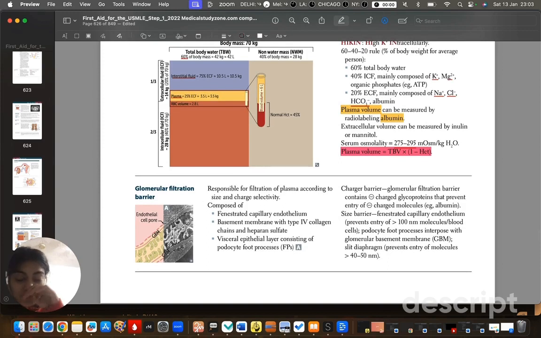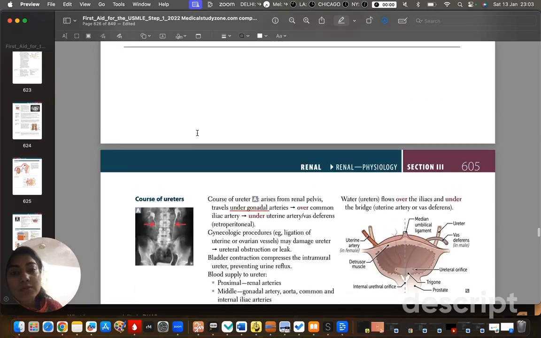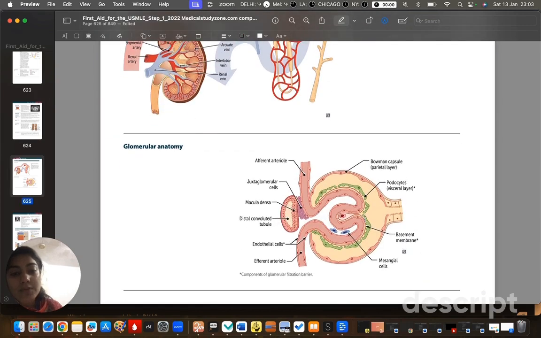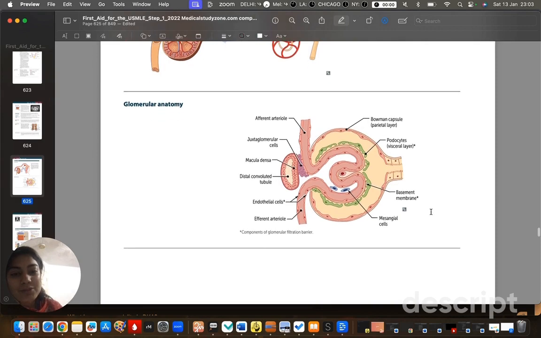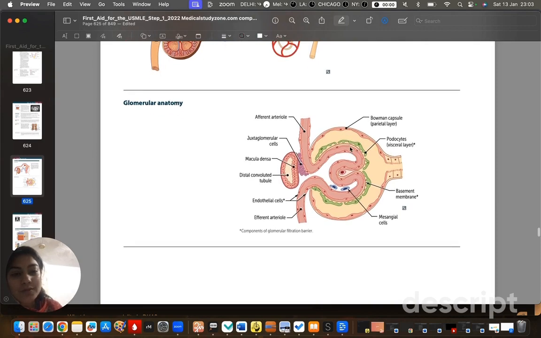Now, blood is actually composed of cells. How do our cells not get filtered, as in why don't they appear in our pee? Even though all these things go inside the Bowman's capsule into the urine generating machine, it's because of the size of these cells and the space between them.